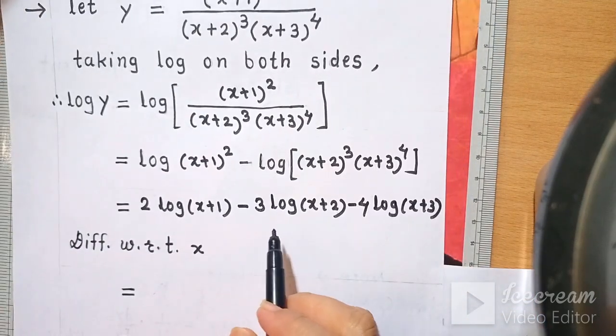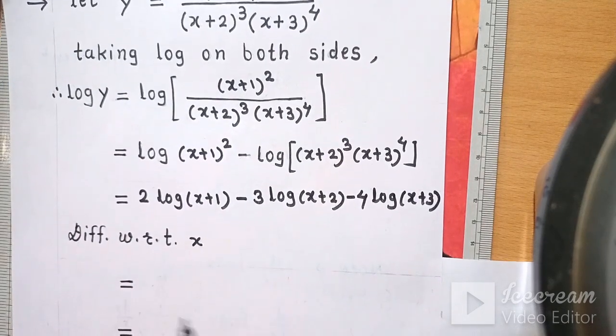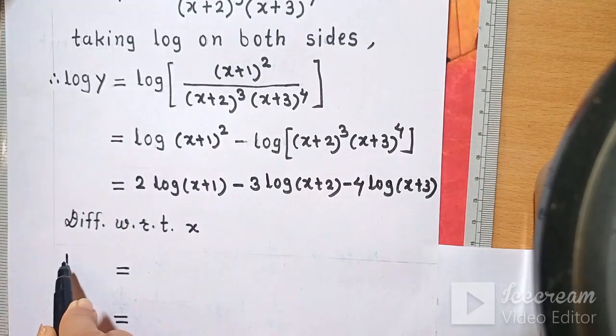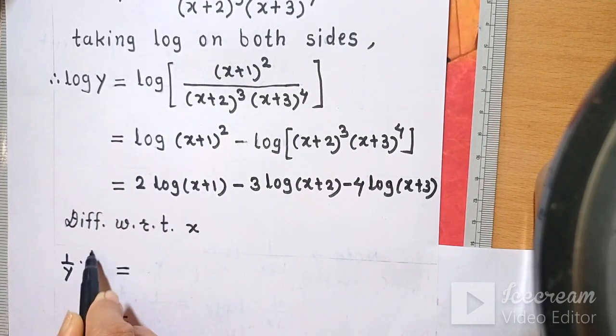Now this function is in simplest form, so differentiating with respect to x. The derivative of log y is 1 upon y into dy by dx.